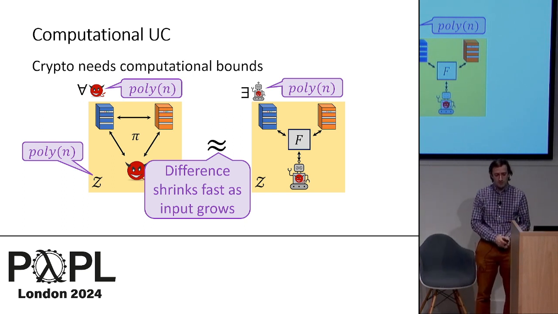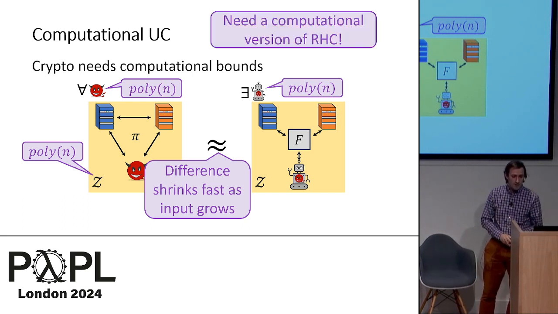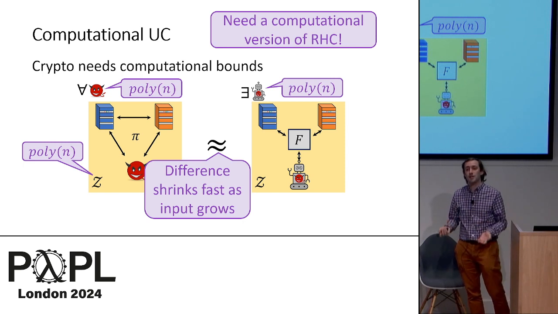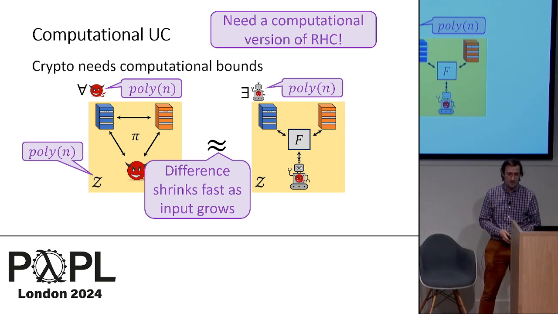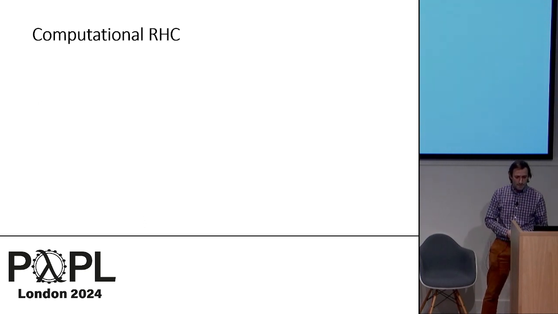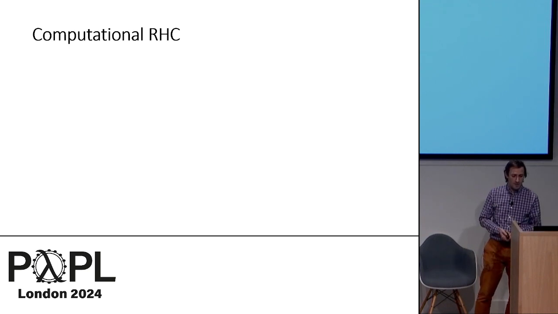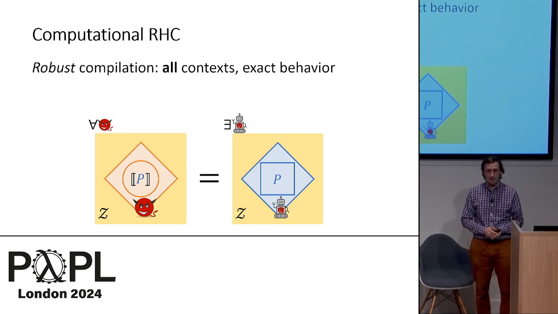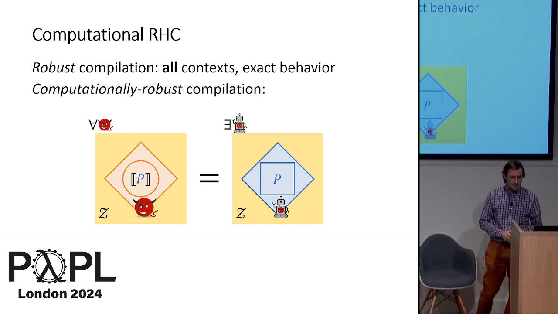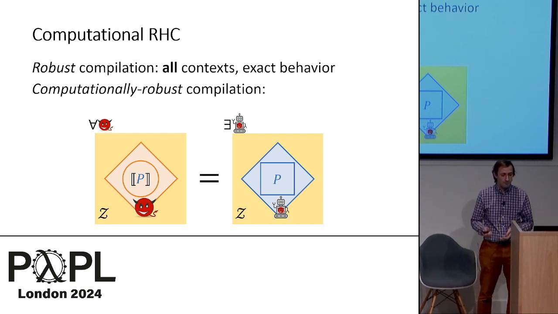And so if we want a notion of robust compilation that corresponds to this in any meaningful way, we need a notion of computationally robust compilation. We need to get these computational bounds into the robust compilation world. So where's the problem? Well, robust compilation talks about all contexts and demands that the behavior be exactly the same. To fix this, we're going to talk about computationally robust compilation.